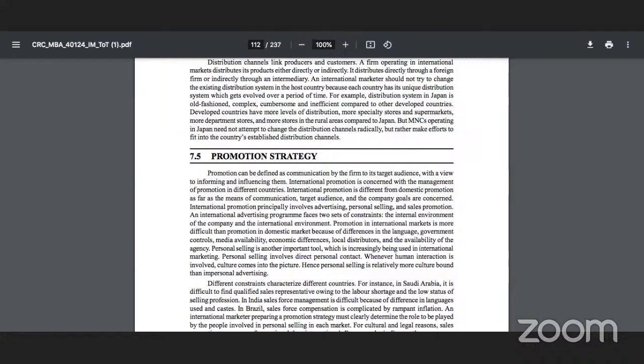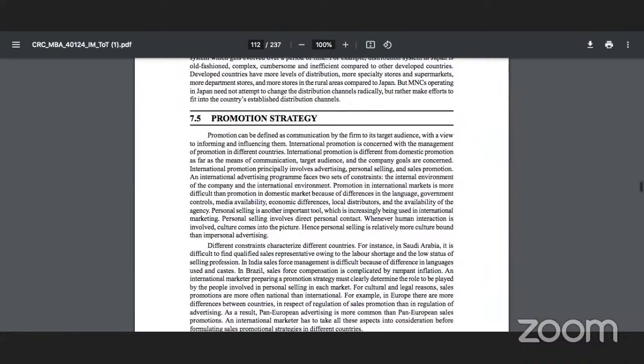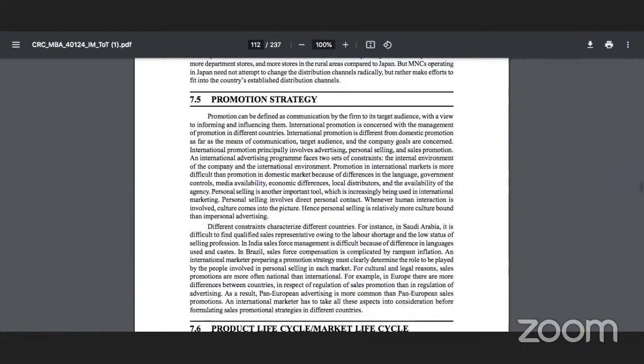Now, if developed countries are to be considered, then we find they have better levels of distribution, more specialty stores and supermarkets, more department stores, and more stores in the rural areas compared to Japan. But MNCs operating in Japan need not attempt to change the distribution channels radically. What they can do is work within the country's established distribution channel processes.